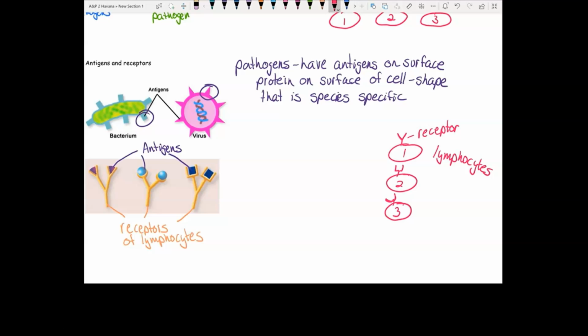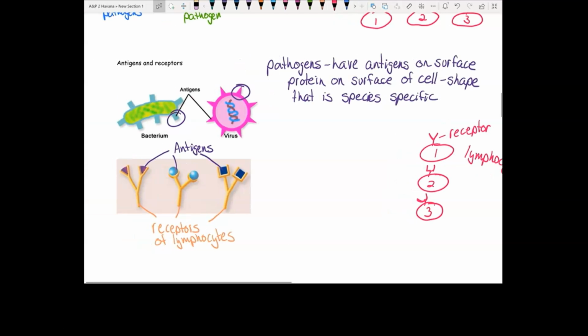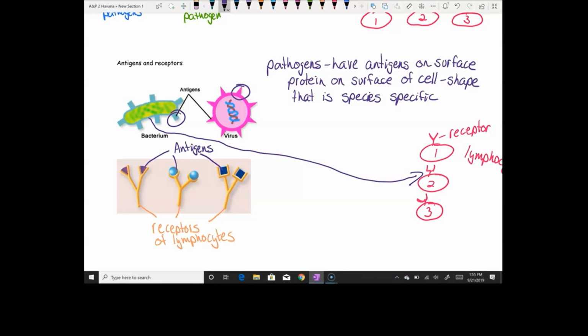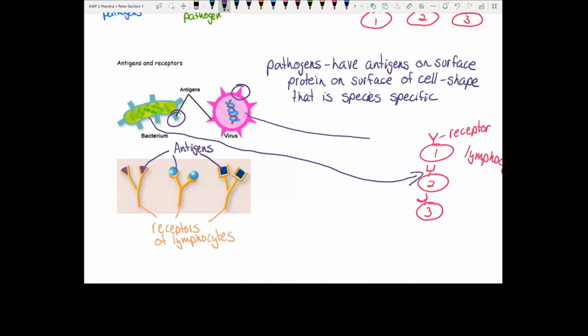You use those receptors to identify and fight the pathogen. So this bacteria, this pathogen right here, its antigens would fit these receptors. So if this bacteria were in you making you sick, you would use lymphocyte number 2 to fight it. The virus here, its antigens match these receptors.